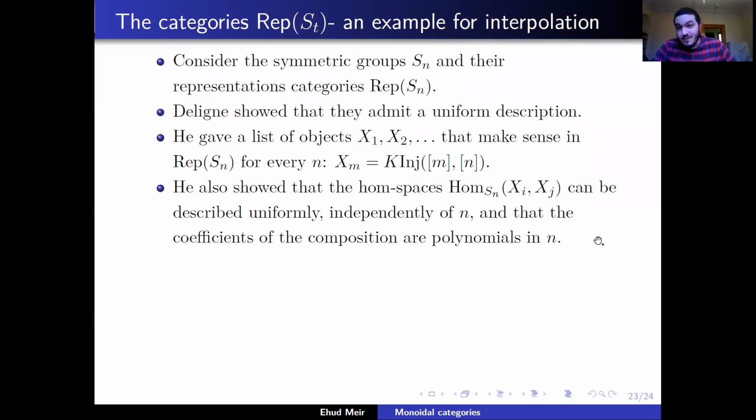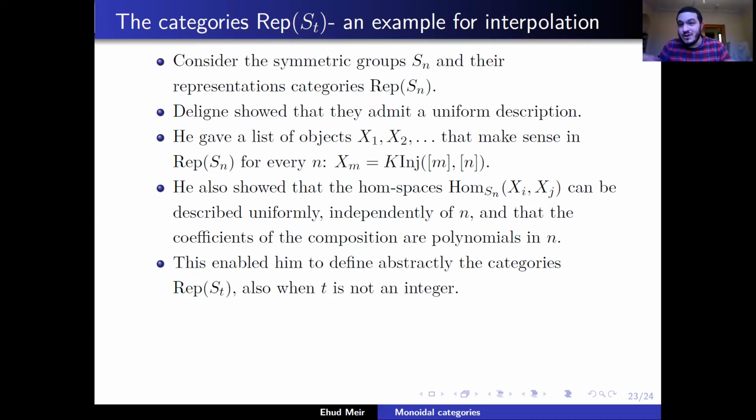And then you say, okay, so if this is the case, I can just define formally my objects as direct summands of these Xn's. Compositions and tensor product will be given by polynomials in n, but polynomials in an integer we can also interpolate for all complex values or all values in k, right?